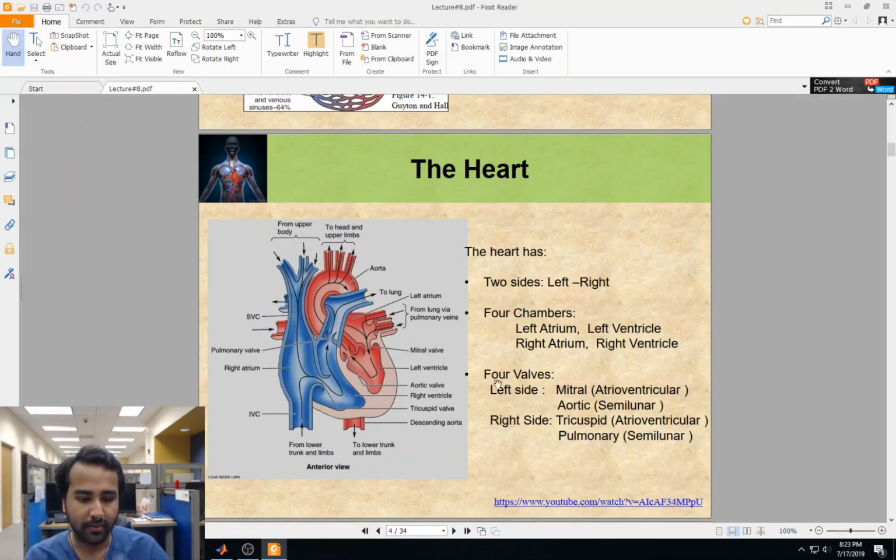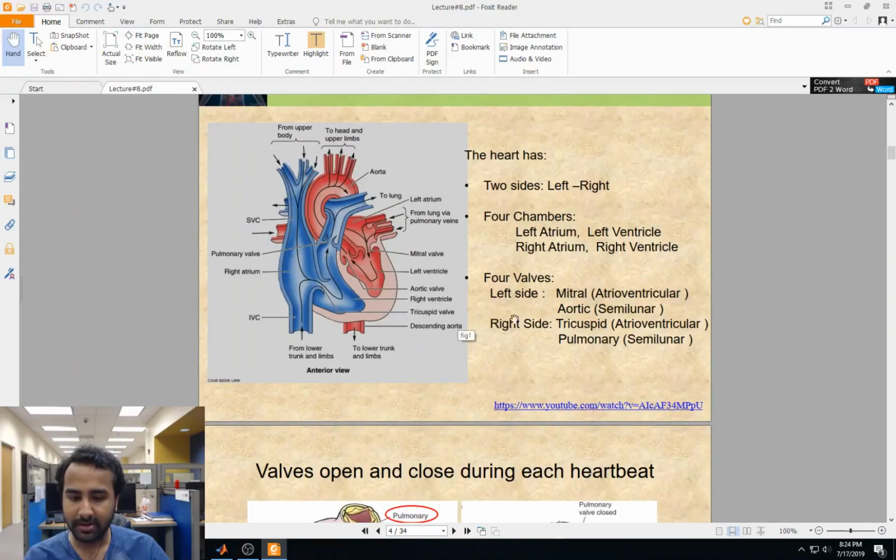Along with these four chambers, you also have four valves, two on the left side and two on the right side. They're called the mitral, aortic, tricuspid, and pulmonary. They also have more medically used names called atrioventricular, semilunar, atrioventricular, and semilunar, though I think there's an extra bit to these names I can't remember, but I usually just call them mitral, aortic, tricuspid, and pulmonary, and they're located in between each of these chambers.